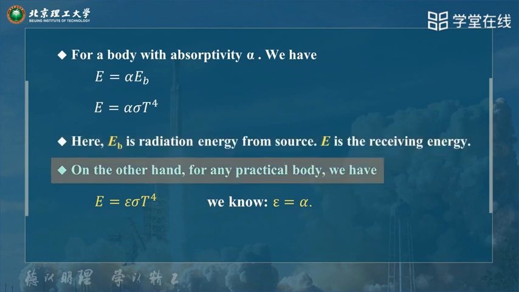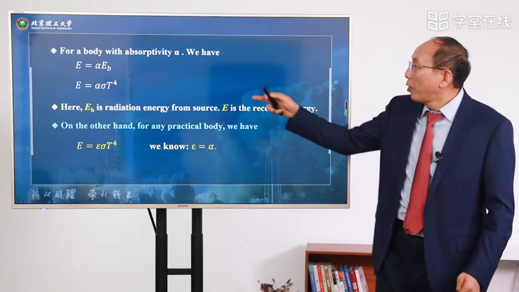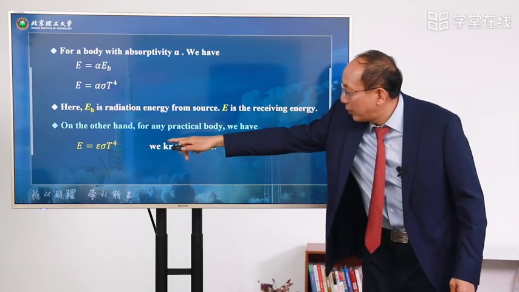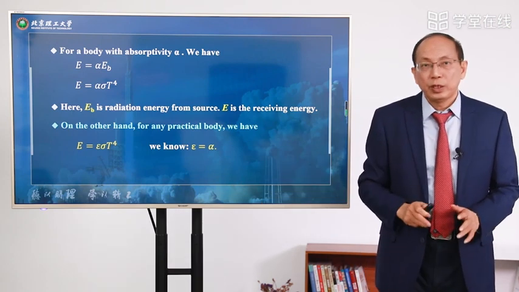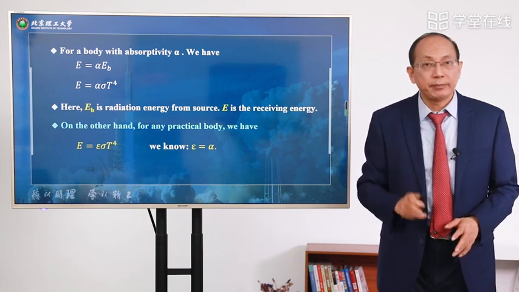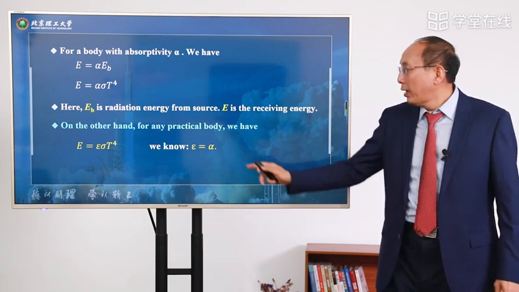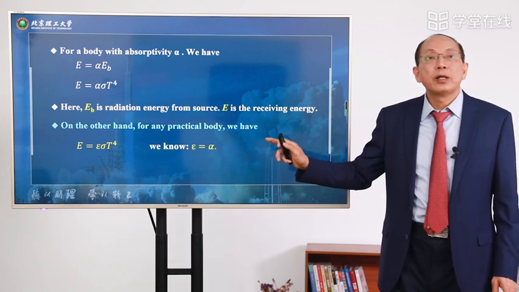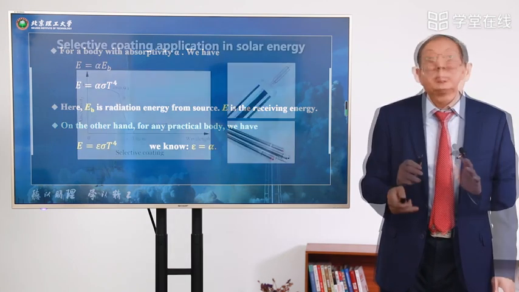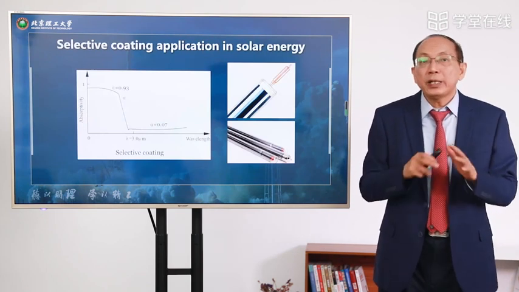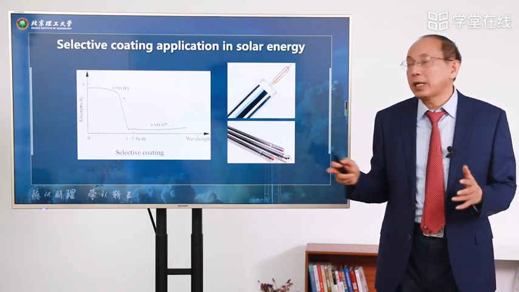On the other hand, for any practical body, we have E equals epsilon sigma T power four. So for this equation and that equation, there is a condition: the temperature is the same. In this case, epsilon equals alpha, as Kirchhoff's law tells us.